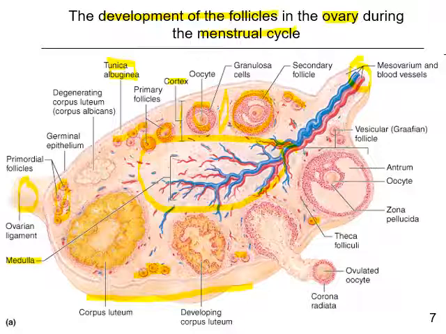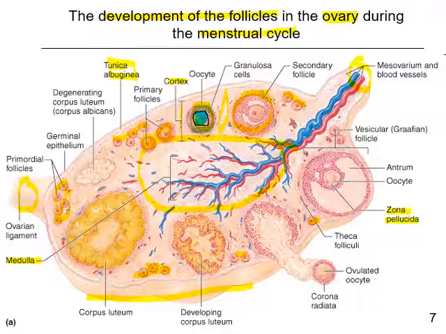The follicle has a mature oocyte in the middle, surrounded by a thin layer called the zona pellucida. So the zona pellucida surrounds the oocyte, and on the outside of the zona pellucida is a layer of cells called granulosa cells.